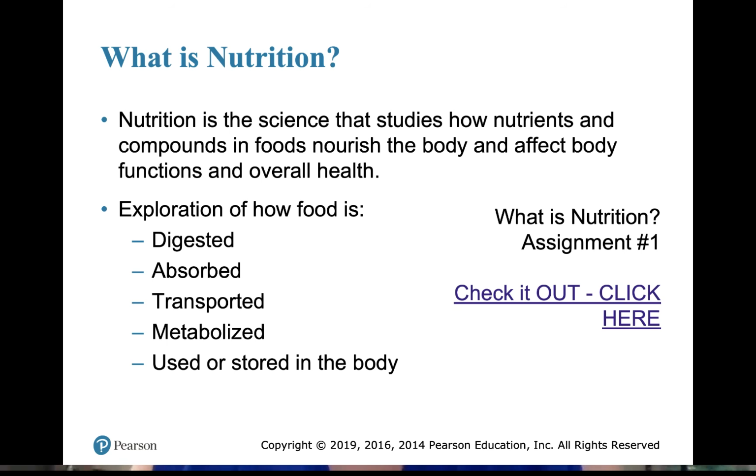So you'll notice if you go through some of the chapters that we're actually going to focus specifically on some of these areas. And within every chapter on a nutrient, we're going to be exploring how is the food digested in our body, how is it absorbed in our body, how is it transported or metabolized, and where does it go? Is it stored in my body? Is it excreted from my body?